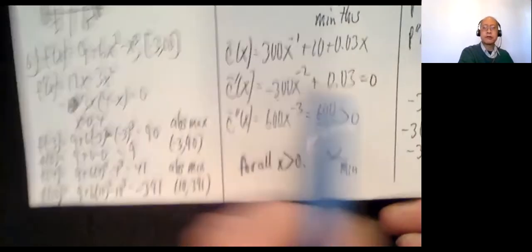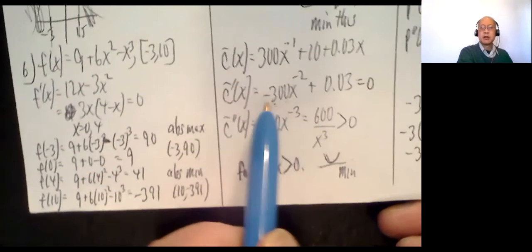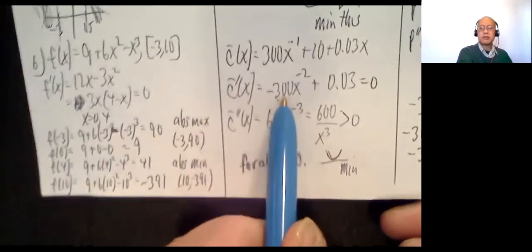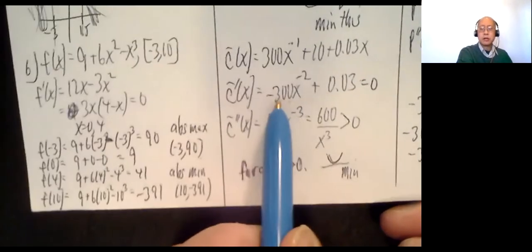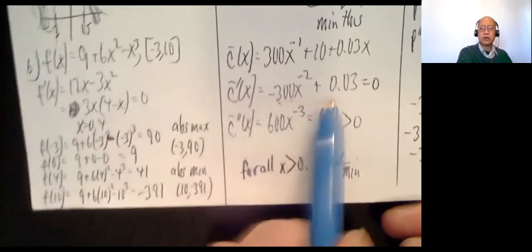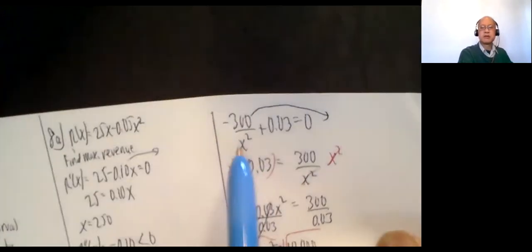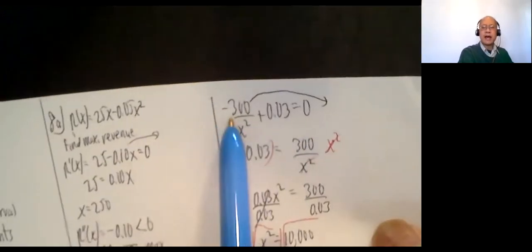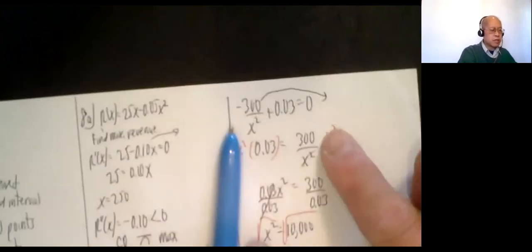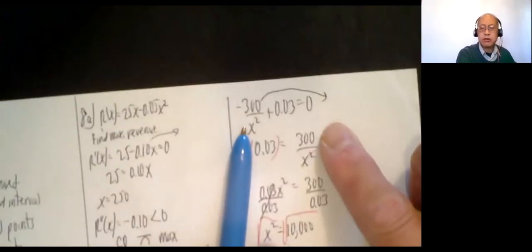All right, so I'll set the first derivative equal to 0, and then I'll be home free. Better for algebra to rewrite this as negative 300 over x squared. So I'm going to write negative 300 over x squared plus 0.03 equals 0. So that's this over here. Okay, I will move this over there, add 300 over x squared to both sides. So I have 0.03 equals 300 over x squared.